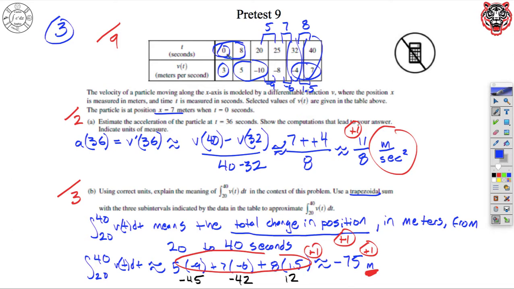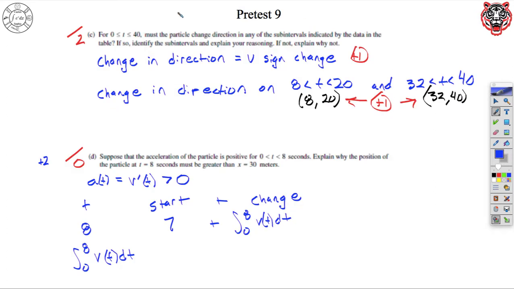So this thing must be greater or equal to 8 times 3. 8 comes from 8 minus 0. 3 comes from the minimum velocity. I'm allowed to do times 3 here because that was the initial velocity, and I know I'm only going up from there.